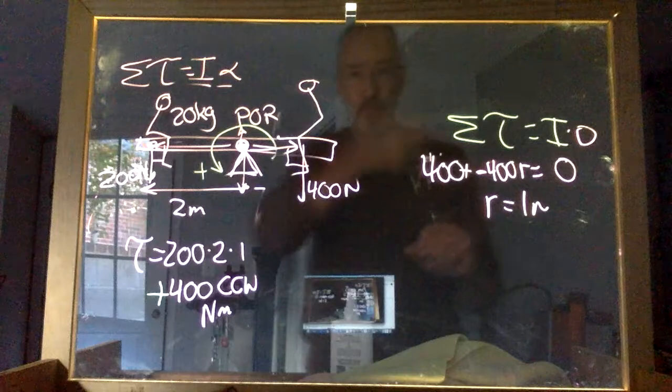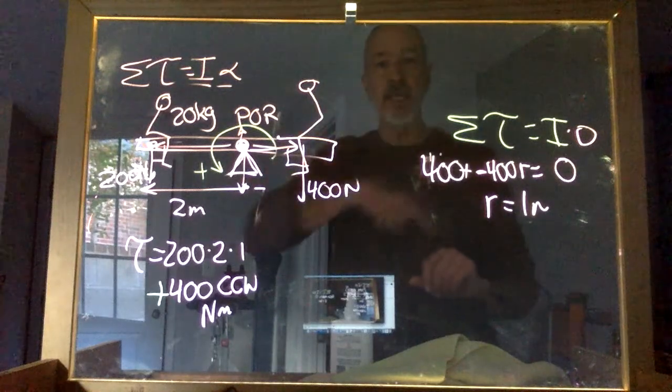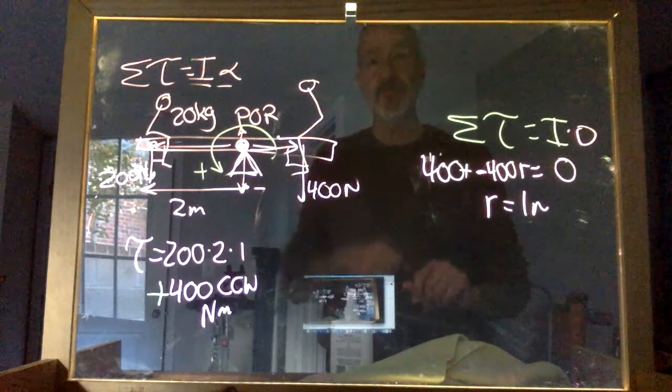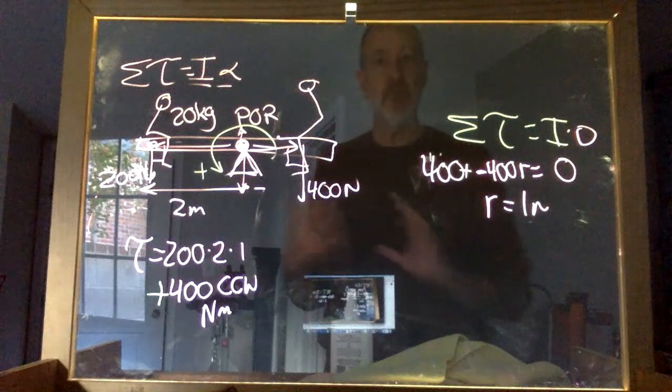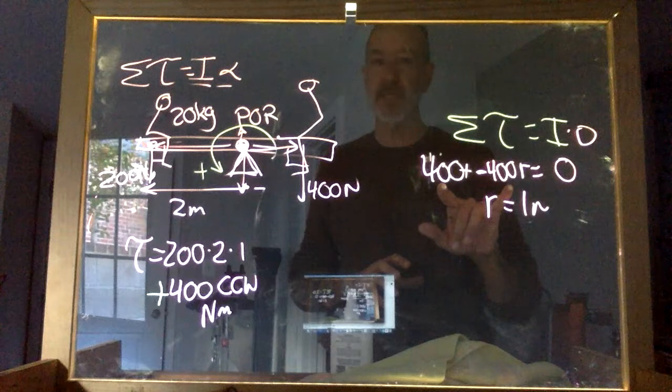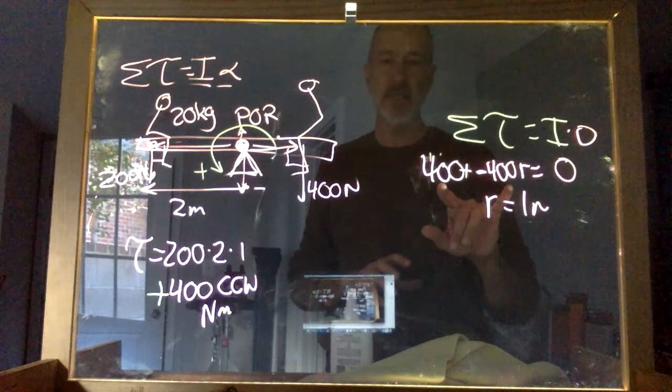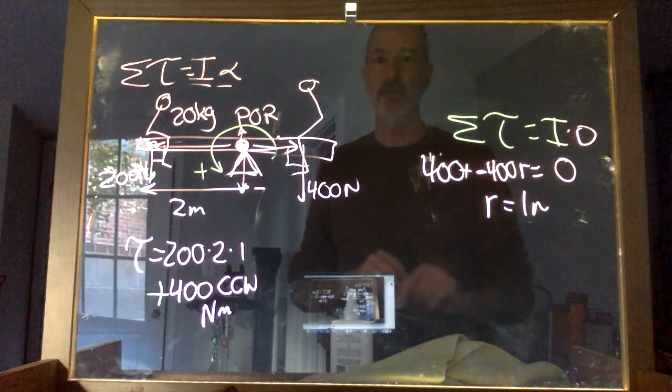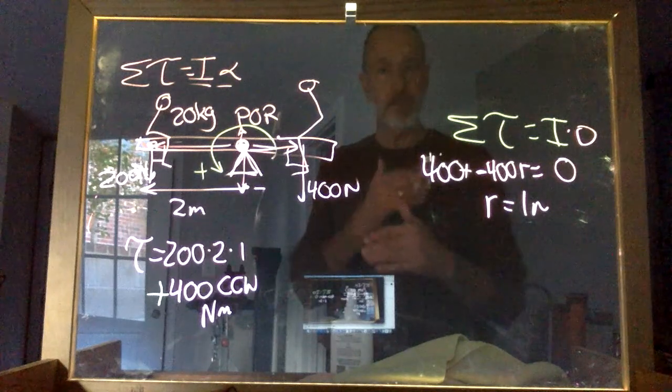So anything that's moving around at a constant angular speed is in rotational equilibrium. The sum of torques has to be 0. It's not speeding up or slowing down. It doesn't mean there are no torques on it, it just means they're balanced.